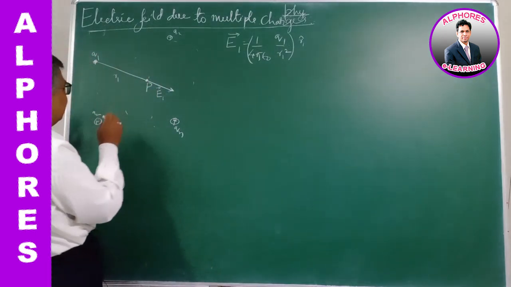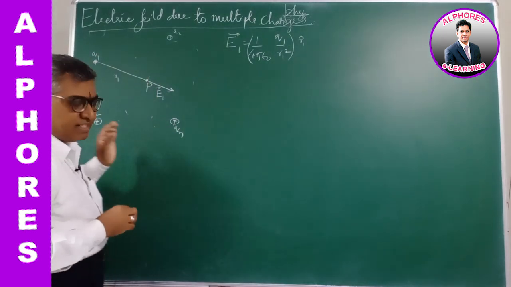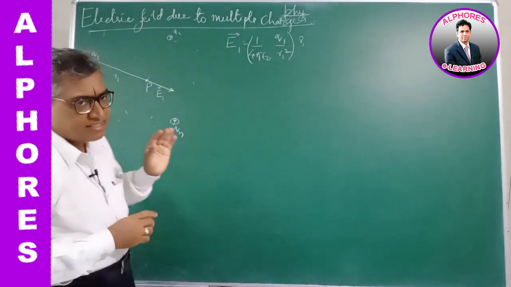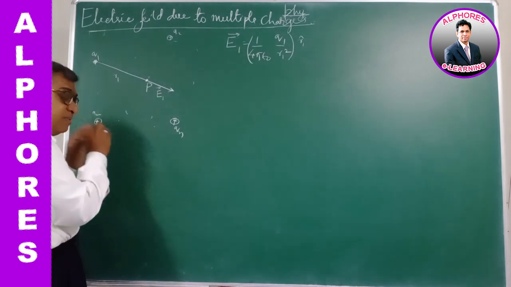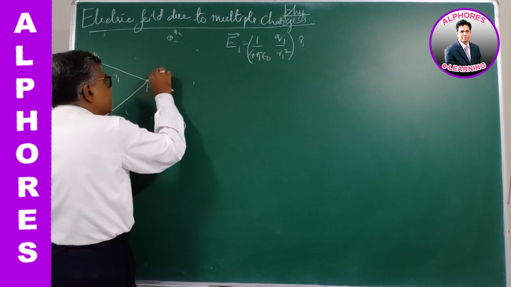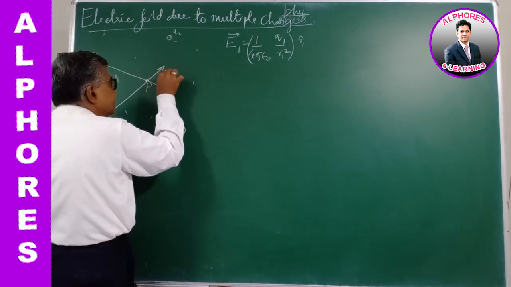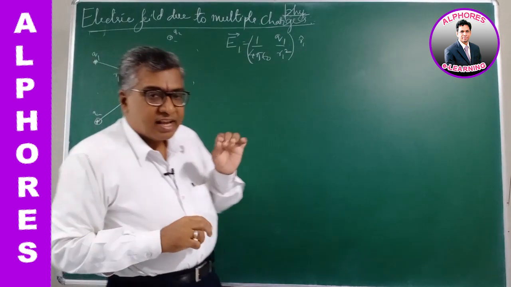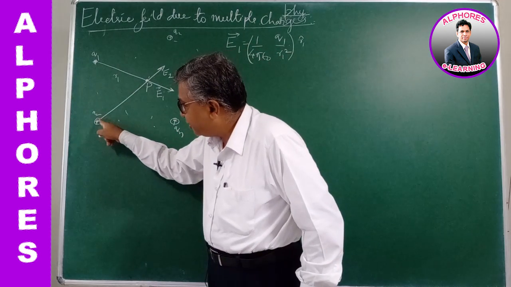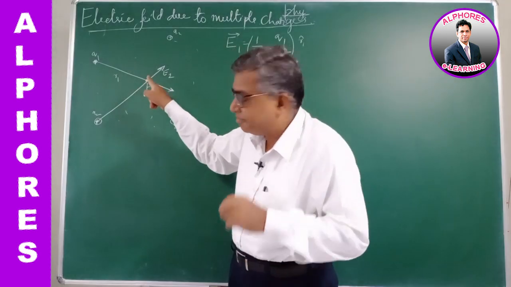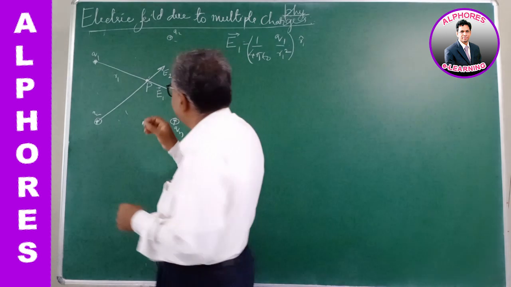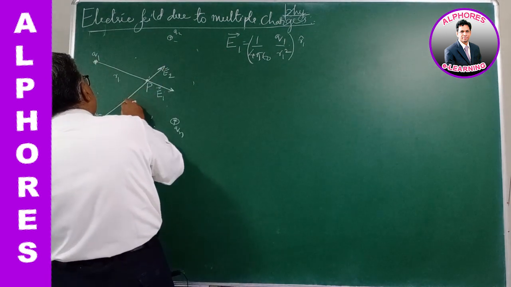Similarly, now forget Q1, take Q2. Consider Q2 as an isolated point charge, individually. Considering Q2 alone, the field due to Q2 at the common point P, where you have to find the electric field, is E2 bar, and let the distance be R2.